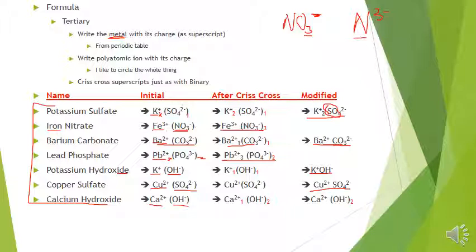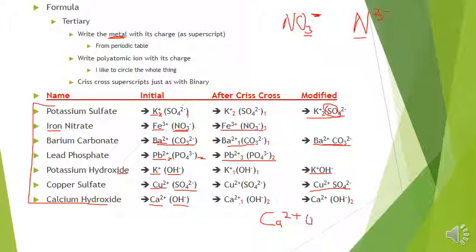And then finally, calcium hydroxide. Calcium's 2 plus, it's in the second column. OH is minus, hydroxide. Crisscross charge. Put a 2 here, a 1 here, okay. You can take the 1 off, but since there are 2 hydroxides, I'll leave the parentheses on.